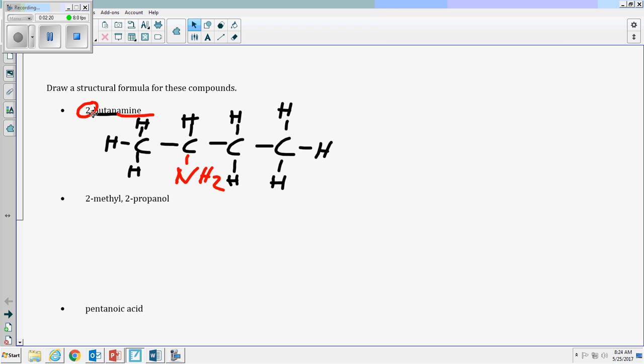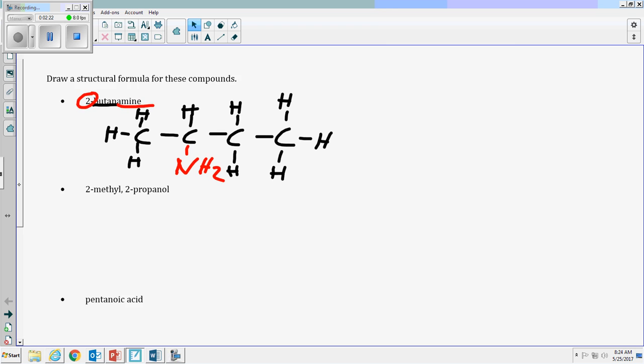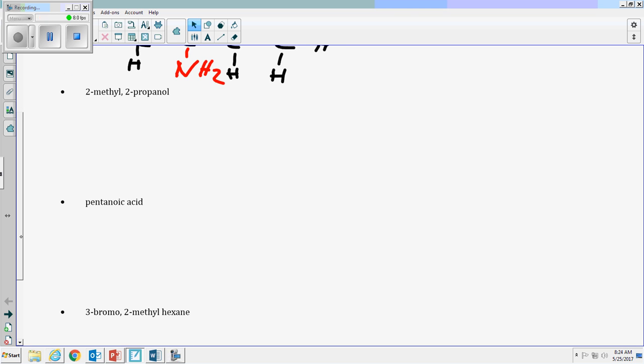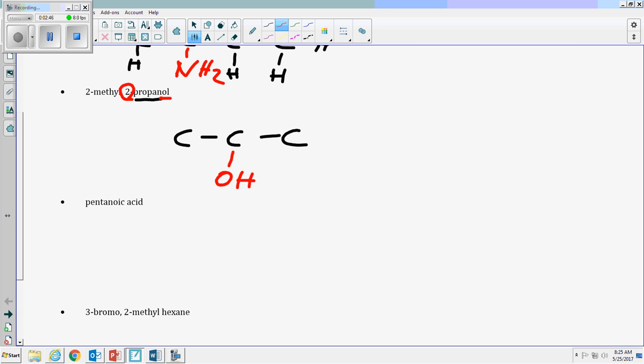Let's do one more. You have 2-methyl-2-propanol. Main chain's name is propane, 3 carbons. Again, you have 2 special features. On carbon number 2 you have the ending OL, so there's an alcohol group, an OH, on there.